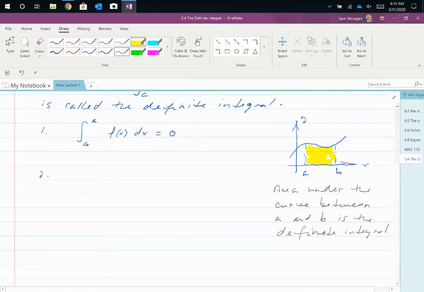So if we're going from a to a, then there's no area under the curve. We're just talking about a single vertical line at that point.